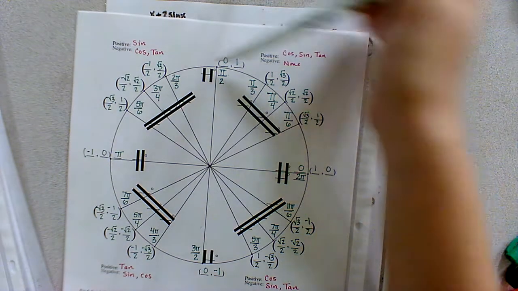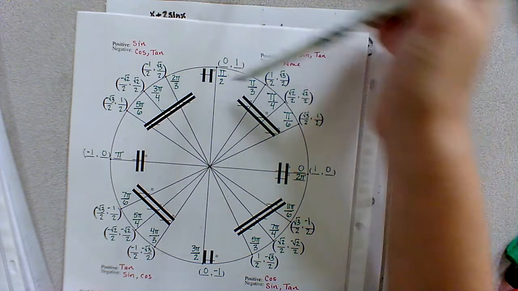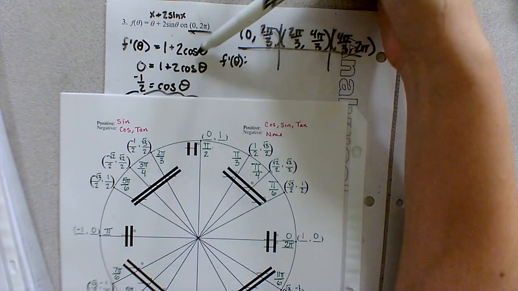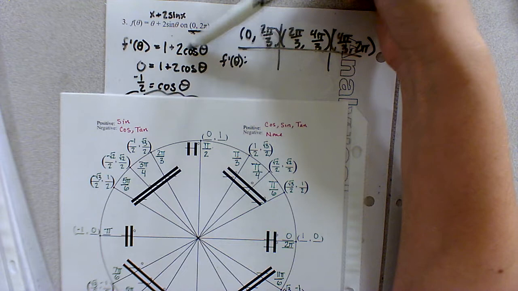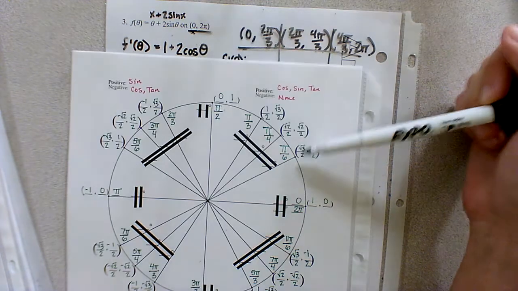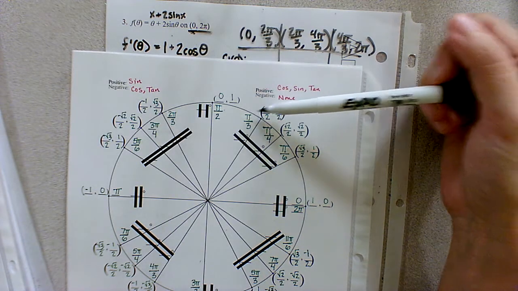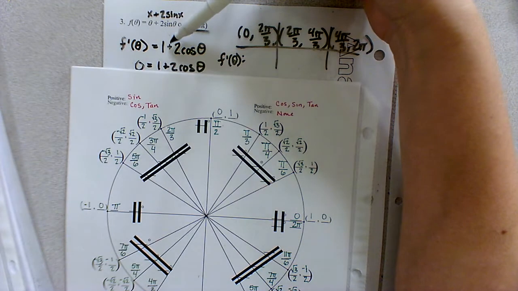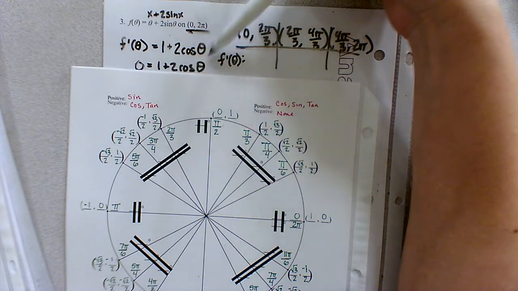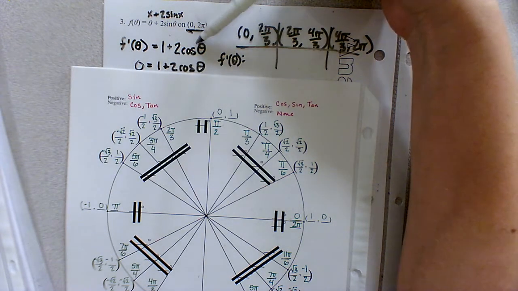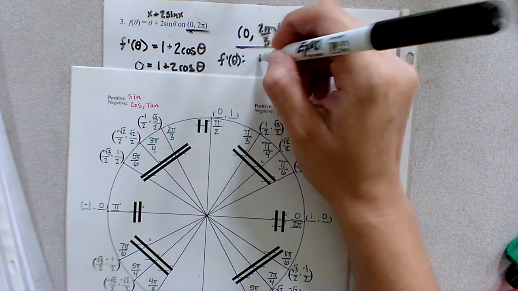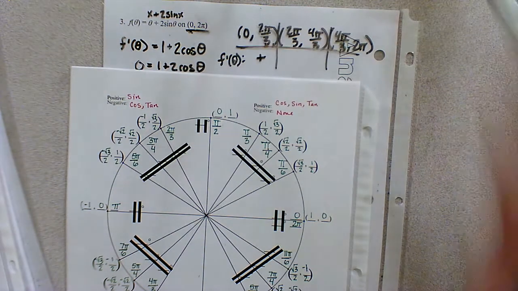So it'd be basically any of these in the first quadrant on your unit circle. And if we were to plug in that angle into our derivative, notice how we're looking at the cosine value. So all these cosine values are positive, okay, sometimes 0. So if you were to take 1 plus 2 times something positive, or 0 if you chose that top angle, notice how your result would still be positive. So we'll go ahead and leave that in there.